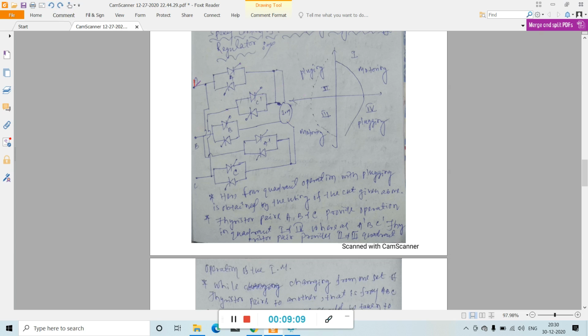I will mark this part R, then this is Y and this is B, so that you can clearly understand, because ABC is also used inside this circuit. So this is RYB, this is ABC, this is C dash A dash, and this is your induction motor connected over here.